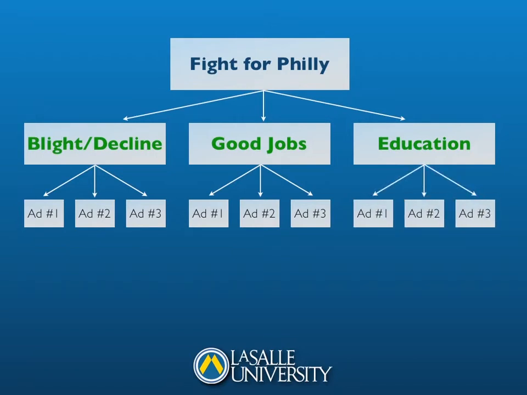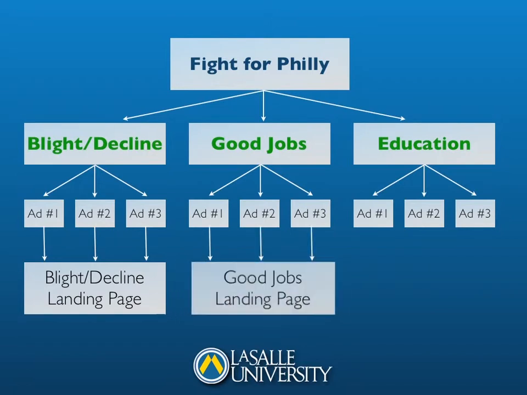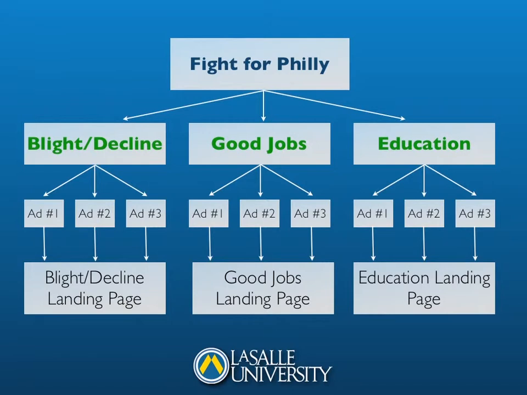And what we did was, in the end, we had one landing page about the theme of blight and decline, another one about good jobs, and then another one about education. So when people see an ad about good jobs, when they click through, they end up going to a page all about good jobs. Because they clicked on an ad, we want to take that message and have it follow through on the next page.